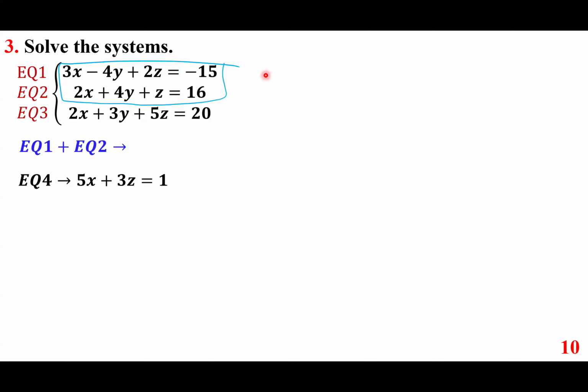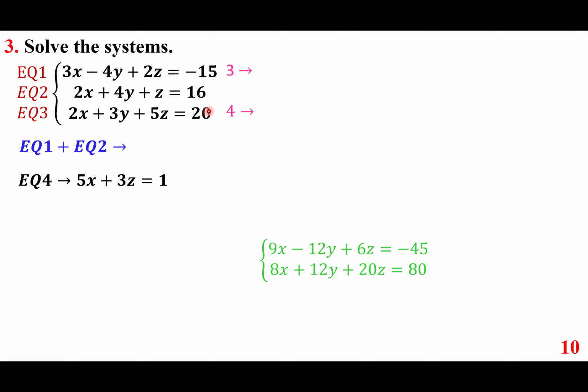So you just multiply this one by 3 and this one by 4. Again, this must be used. So if I multiply this one by 3, let me erase my work. I get 9x minus 12y plus 6z equals negative 45. If I multiply this one by 4, I get 8x plus 12y plus 20z equals 80.